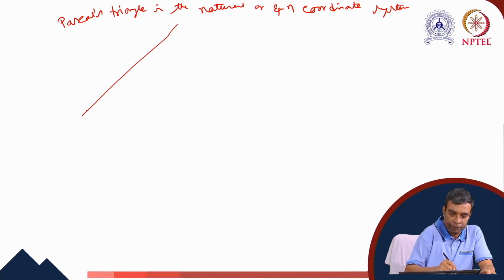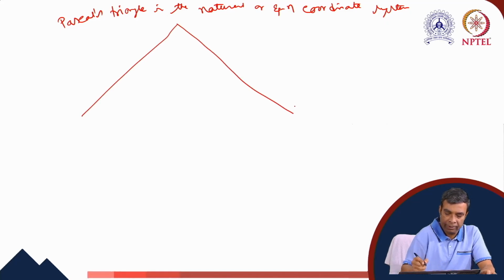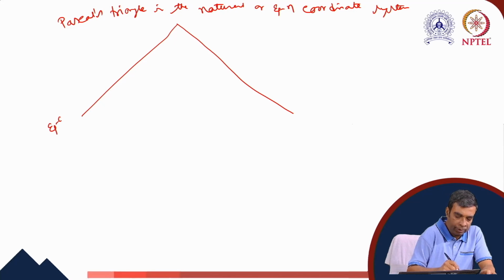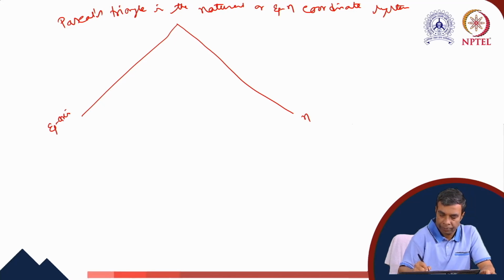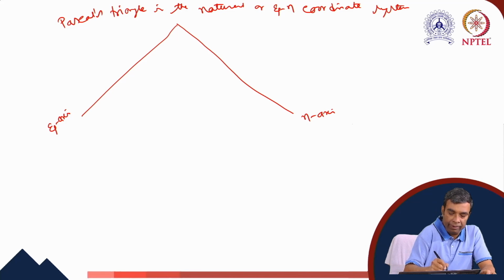So this is the xi axis, this is the eta axis. At the intersection of xi axis and eta axis, we get a single noded bar element.